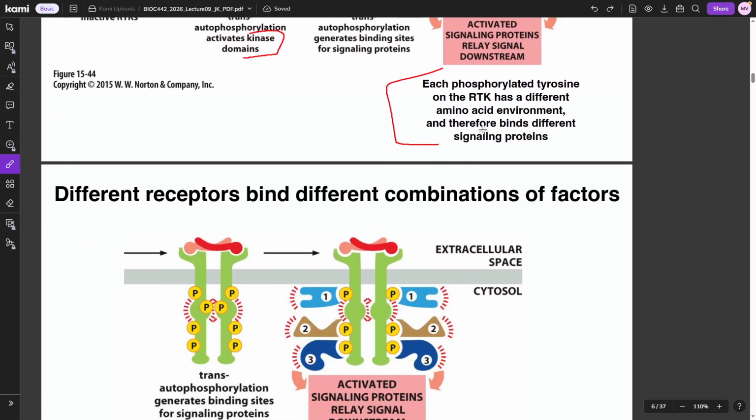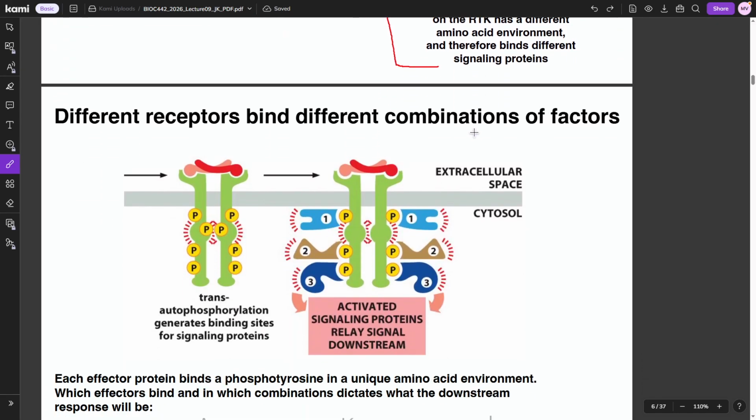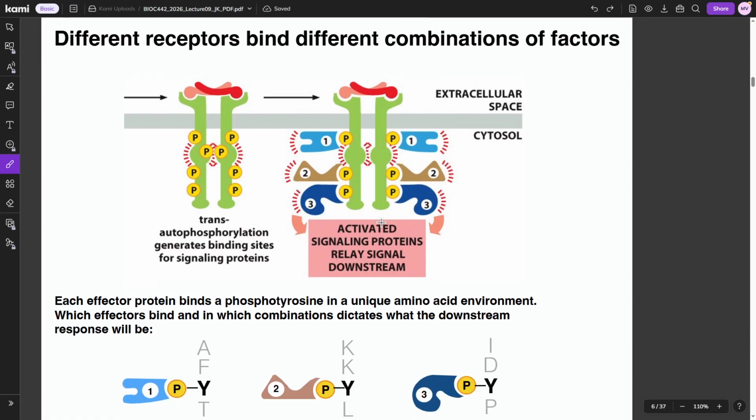And talked about this, different receptors bind different combinations of factors. So it makes sense, right? This RRTRR section is going to bind a different protein than maybe this section over here, which is like a TDD or something, which is like glutamic acid and aspartate stuff. So instead, they bind different places.